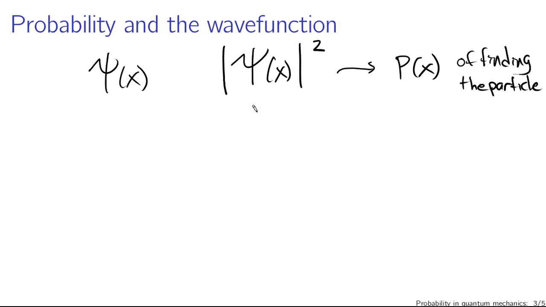So if the squared magnitude of psi is large at a particular location, that means it is likely that the particle will be found at that location.